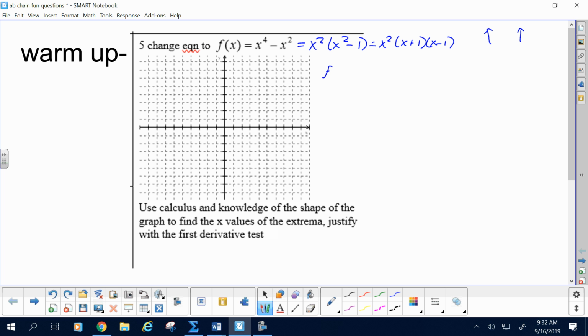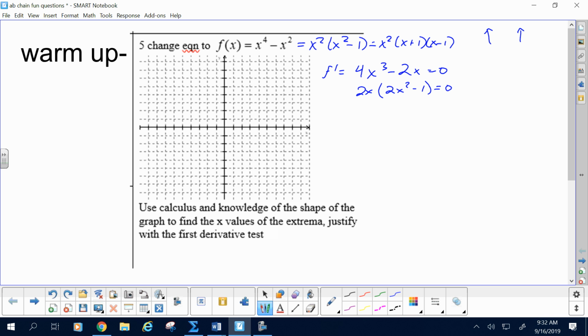Seems to indicate a certain type of graph, and now let's go into the calculus. F prime, I would probably give 1 point. This probably would end up being a 6 to 8 point problem. 1 point for knowing the derivative is 4x cubed minus 2x. Another couple points for finding the zeros of the derivative. Did you take a 2x out, leaving you with 2x squared minus 1?